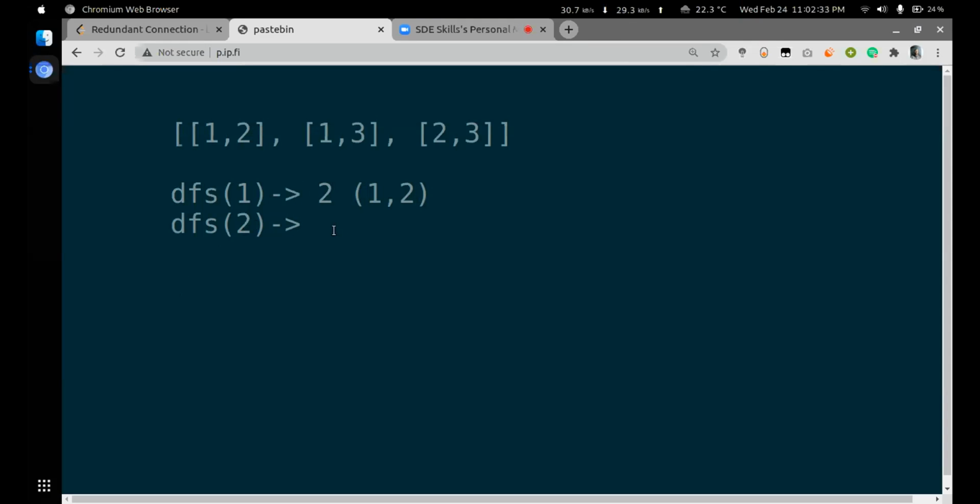So I will be left with only 3 here, I guess, and I can recursively call 3 again, and before calling DFS of 3, I will remove this edge again. But now when I recursively call DFS of 3, there is an edge between 1 and 3, and node 1 is already visited.